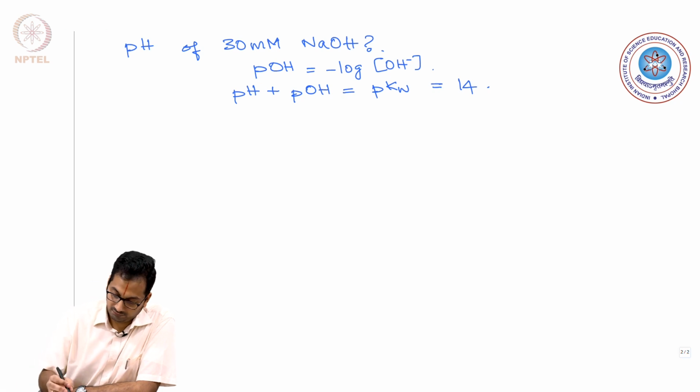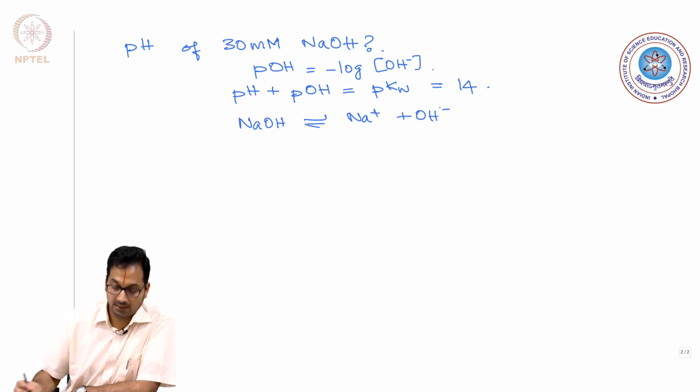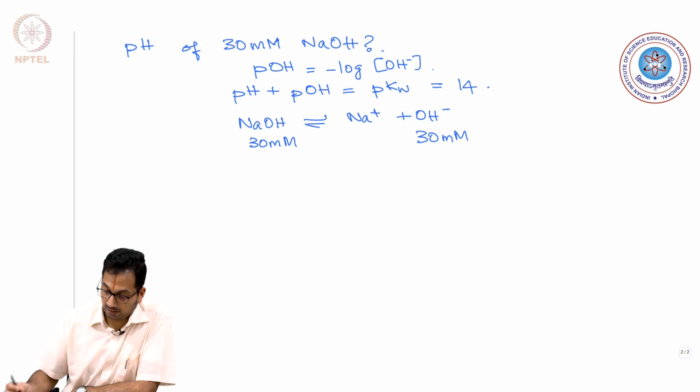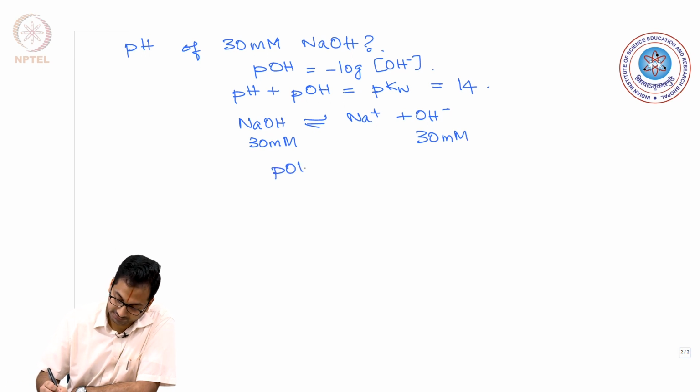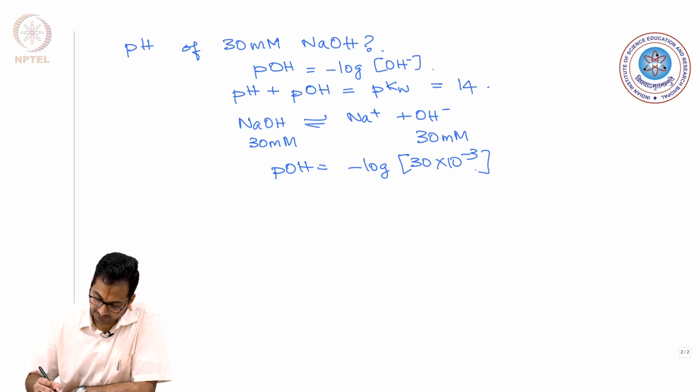So, now we know that NaOH is going to completely dissociate at this concentration to give Na+ and OH- ions. So if you had 30 millimolar of NaOH, you are going to have 30 millimolar of hydroxide ion. Therefore, the pOH is going to be given by minus log of 30 times 10^-3, since it is milli. So this will translate itself to something like 3 × 10^-2.